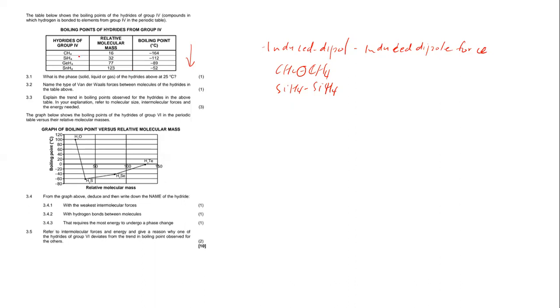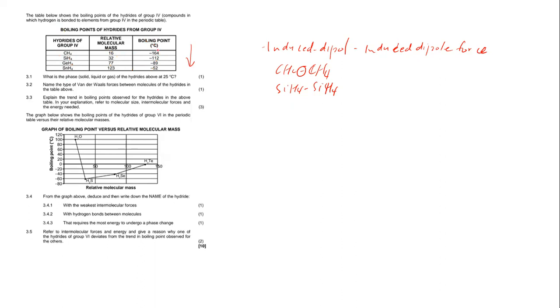This is what I want you to take note of. Like I said, all of these hydrides have the same type of intermolecular force. But their boiling points are different, whereas, since they have the same intermolecular force, you would most definitely expect the boiling points to be the same.